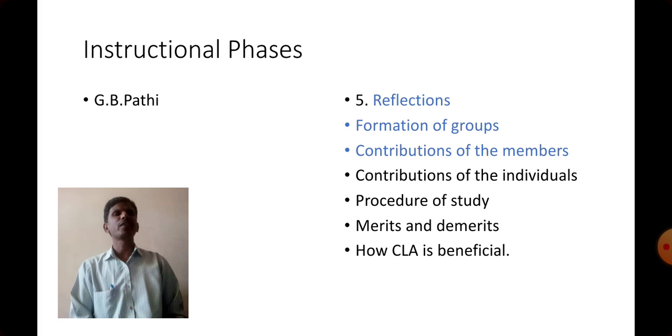The last one is reflections. In the reflections they write their views and the experiences they faced in the collaborative learning approach: how they formed the groups, how the group members individually contributed their services, how they conducted the study or solved the problem, that is the procedure of the study, what the merits and demerits of their project are, how to overcome the demerits using the guidance of the group members, and how the CLA is beneficial to the students.